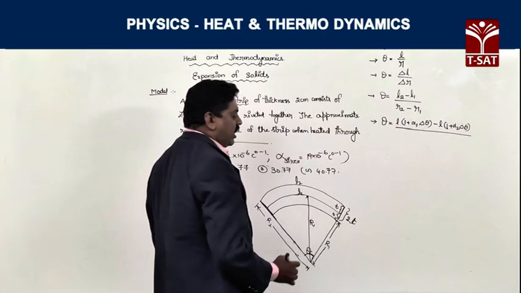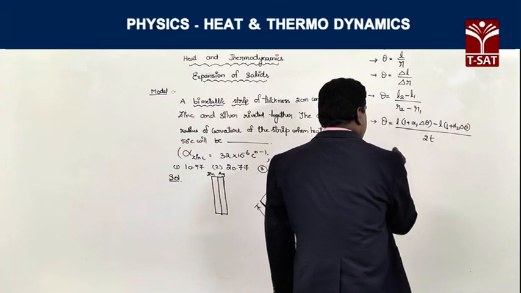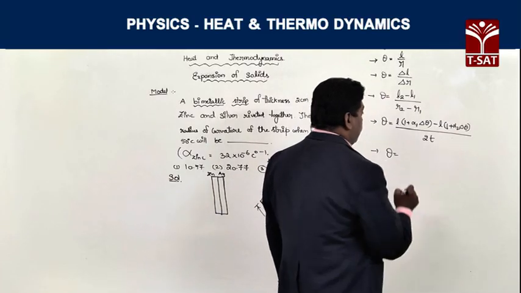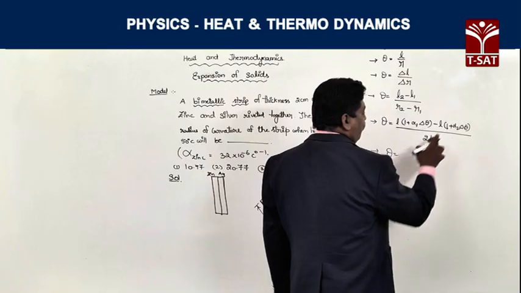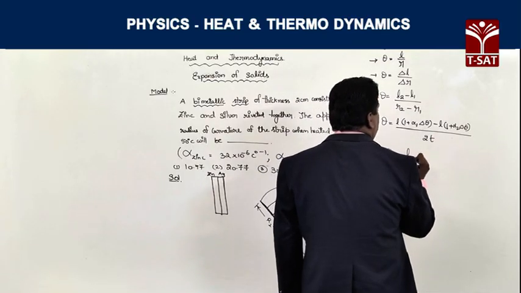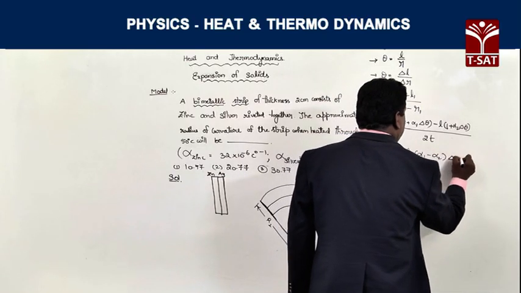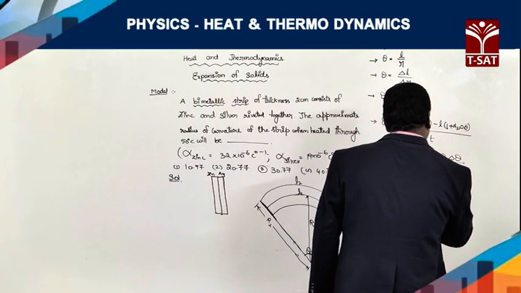So theta equals, L minus L gets cancelled, and we are left with L into alpha 1 minus alpha 2 delta theta by 2T.